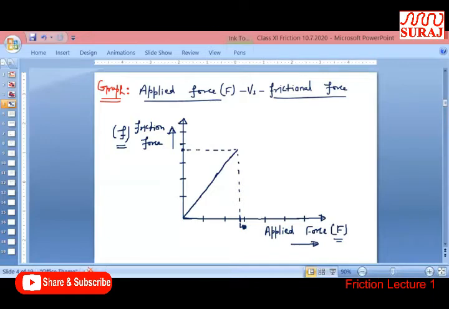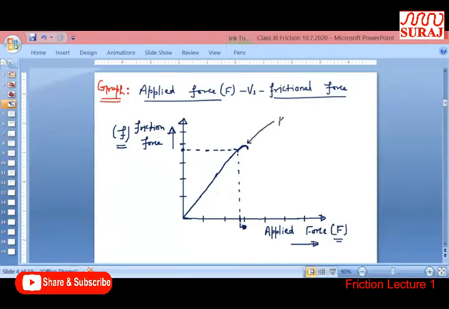This is the situation where the block is about to move. Still not moved, but about to move. Then you will feel that there is a sharp increase in friction. There is a sharp increase in opposing force when the block is just about to move.